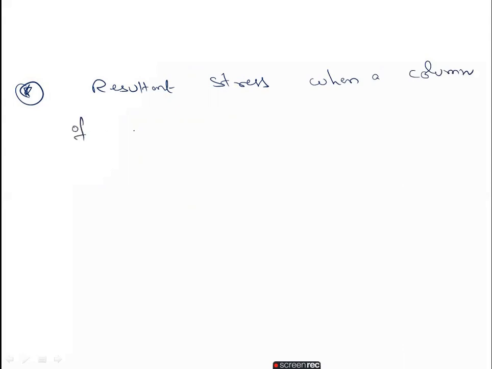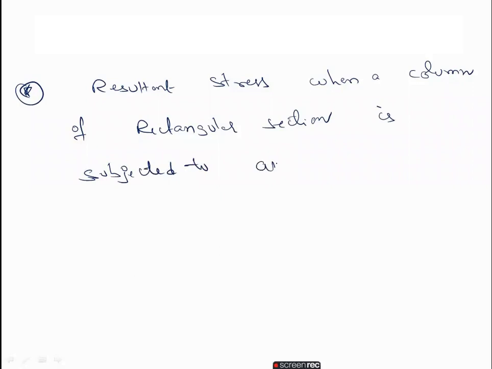Now we will take one section and derive the resultant stress. The case is resultant stress when a column of rectangular section is subjected to an eccentric loading.